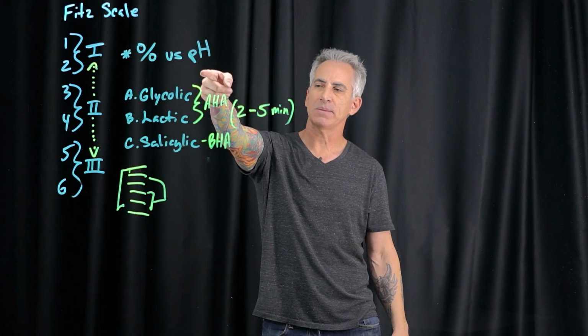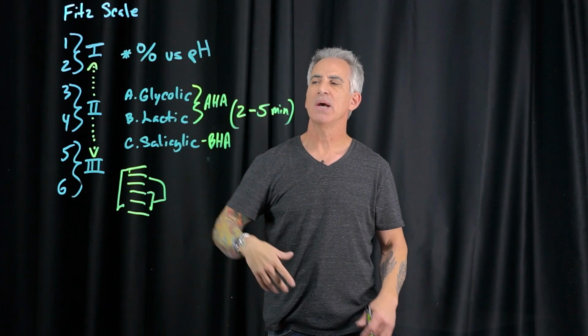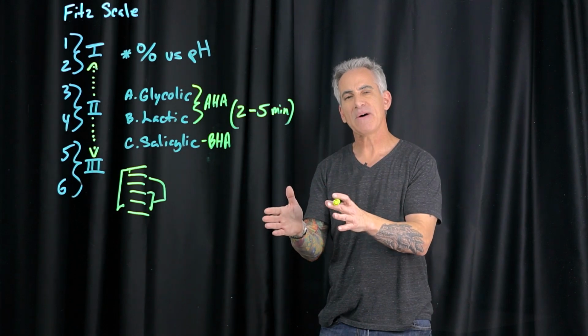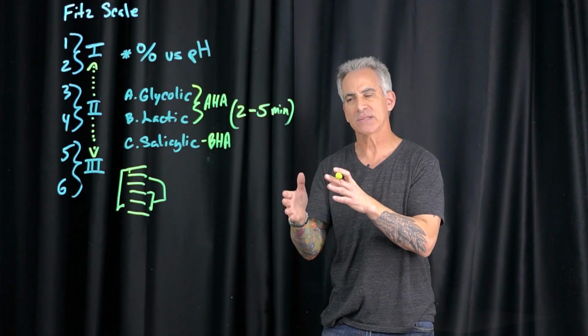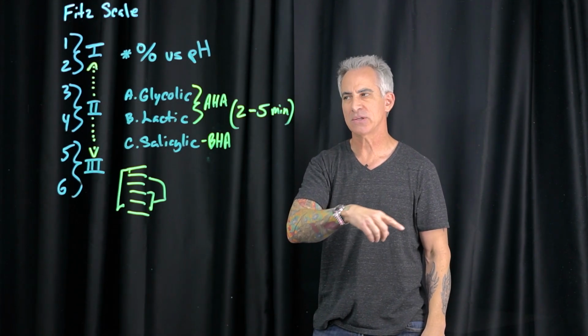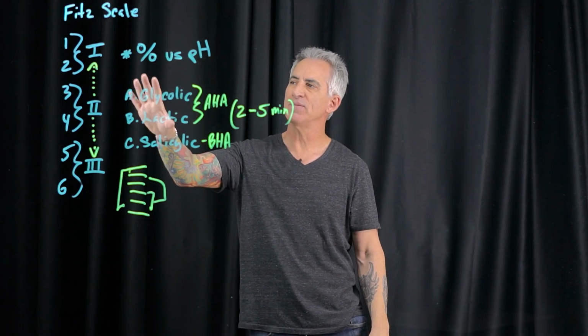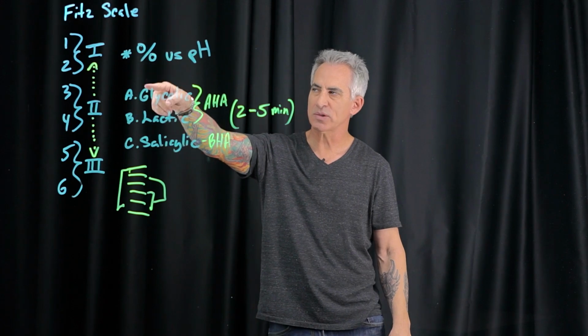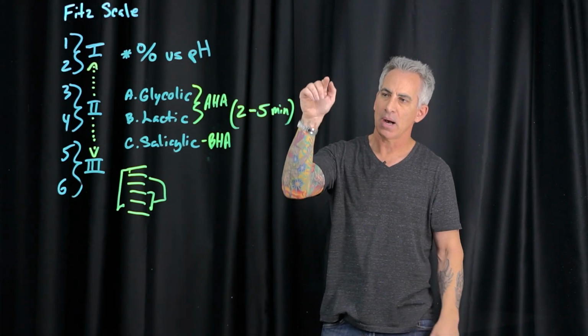I already talked about the pH as it relates to all of these. And what is your last but not least identifier or tool to use as it relates to post-peel complications when you get involved in treating type 1s and type 3s on the small scale with the Fitzpatrick scale?